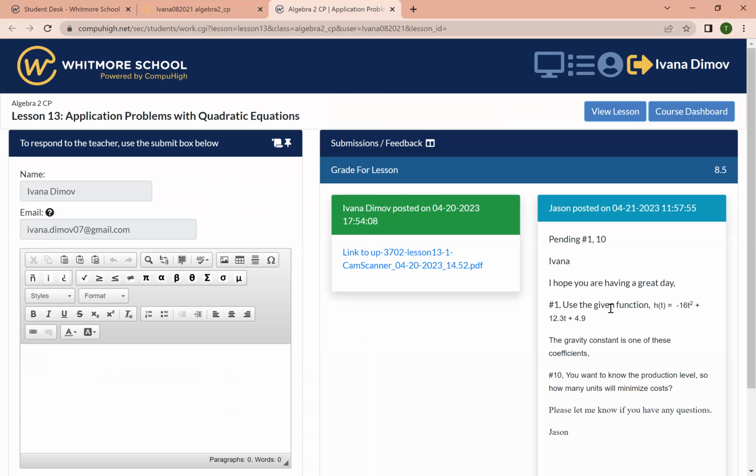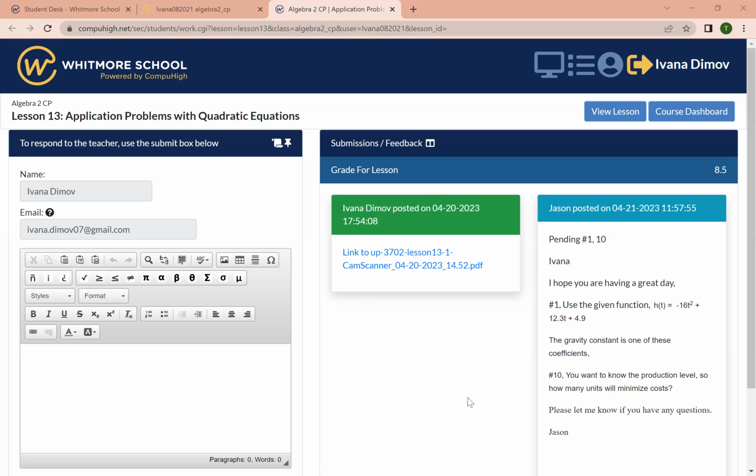Okay, use the given function. I see. So the answer here is much simpler. He just wants you to say it's minus 16, which actually is not quite right, but how do I explain this gently?